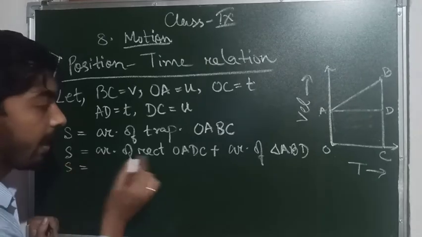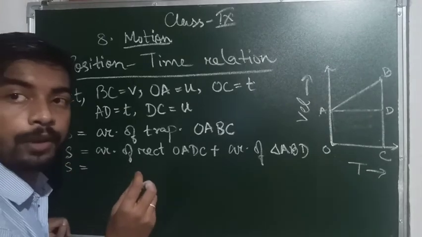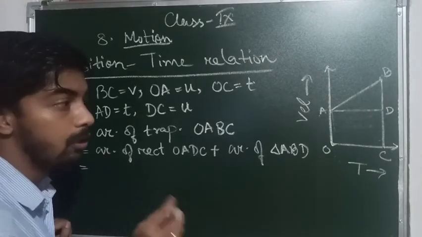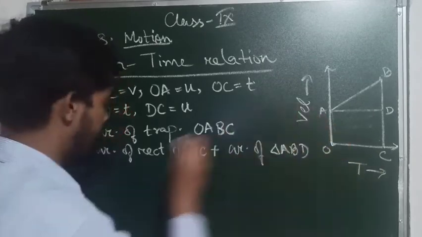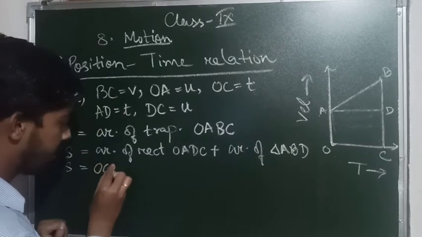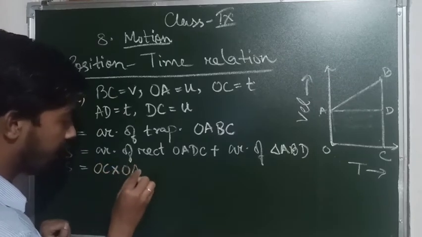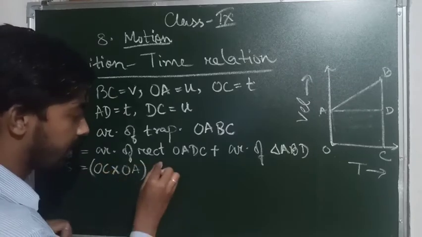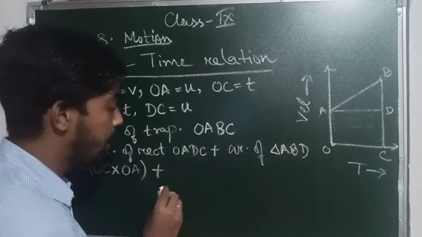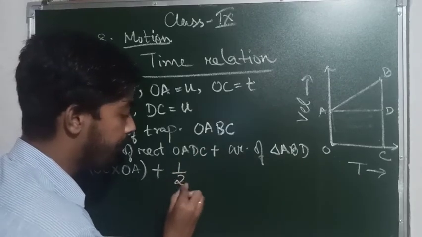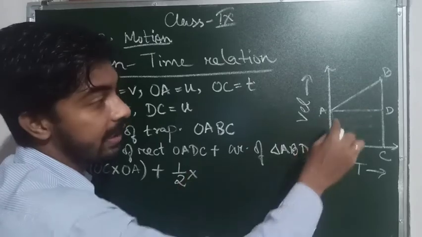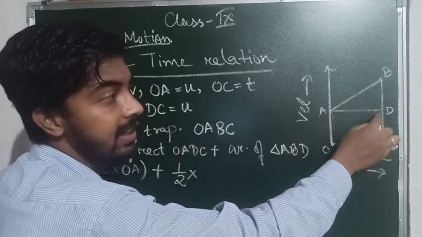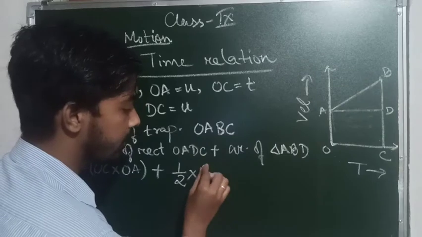So we know the formula for area of a rectangle: length into breadth. Length we can take as OC, breadth we can take as OA. So OC into OA. Then area of triangle ABD. Area of a triangle is half base into height. So half, here we can take the base as AD and the height can be taken as BD.